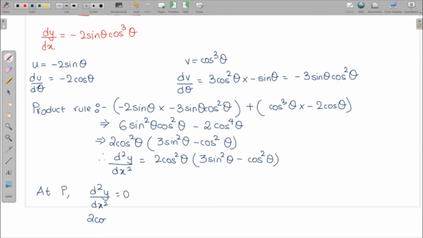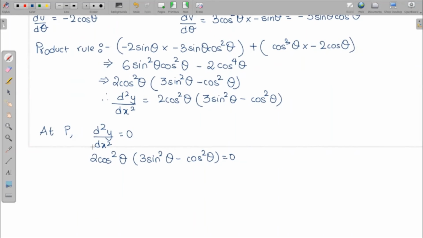So 2 cos square theta into 3 sine square theta minus cos square theta will be equal to 0. So I can equate 2 cos square theta to 0 and 3 sine square theta minus cos square theta to 0. So cos square theta will be equal to 0.